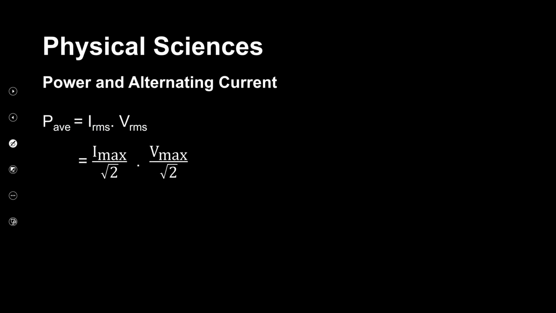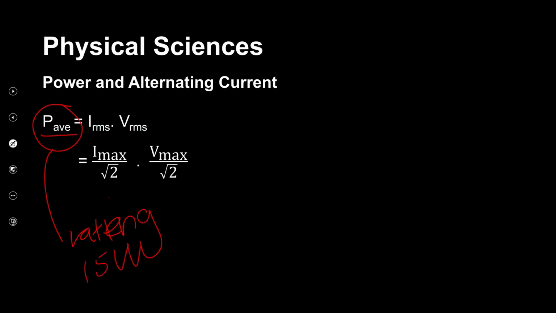And so I just want to highlight this for you. We know that power is the product of current and voltage, but over here, average power, which is always the thing that is given on an instrument, this is the rating of a machine. It's called the rating. So it will say to you that this is a 15-watt instrument.